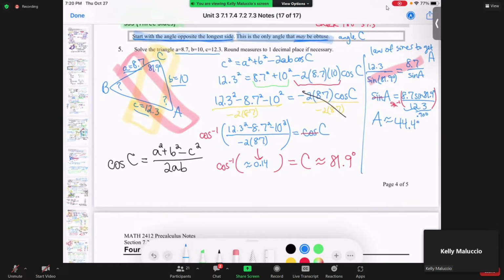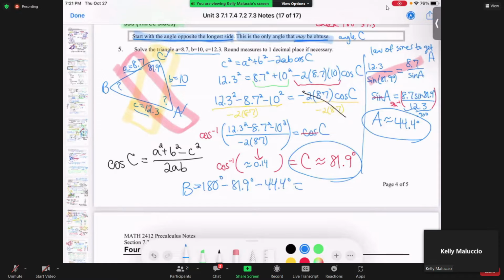So now we've got A, we got C, and we only need B now. To get capital B, we're gonna do 180 minus 81.9 minus 44.4.